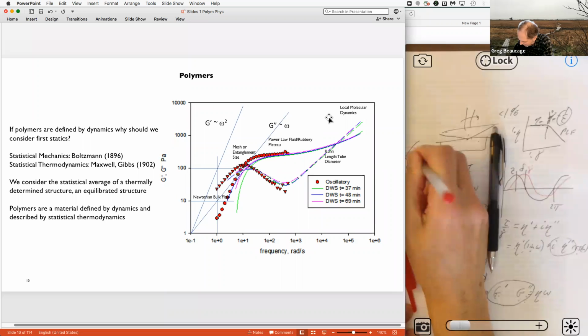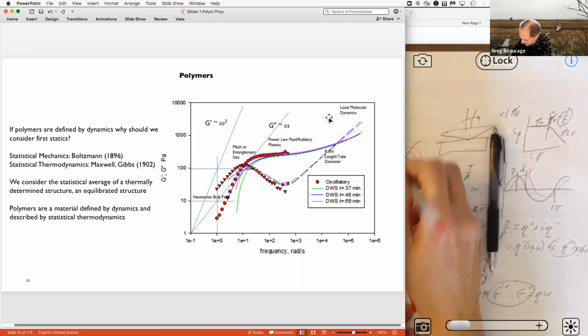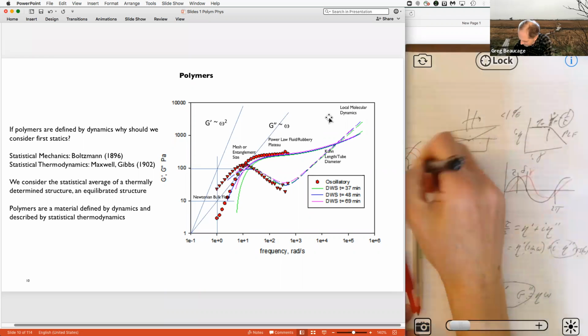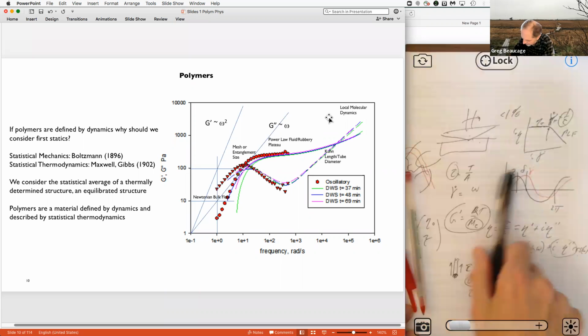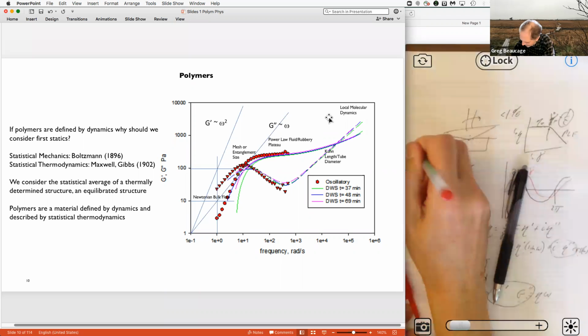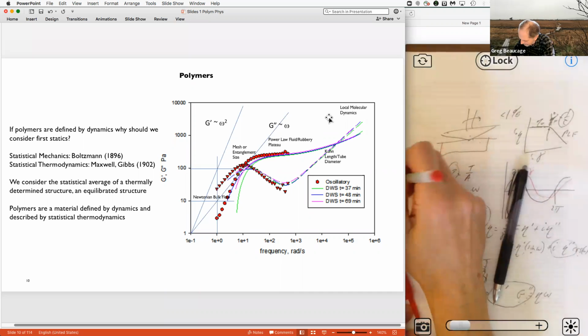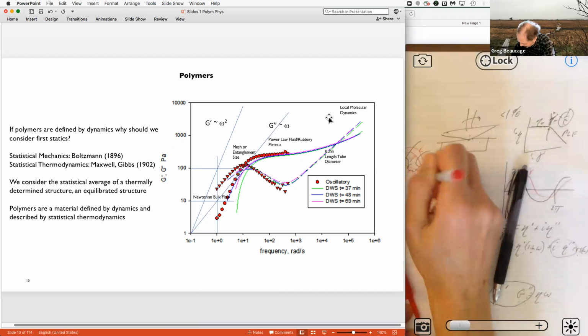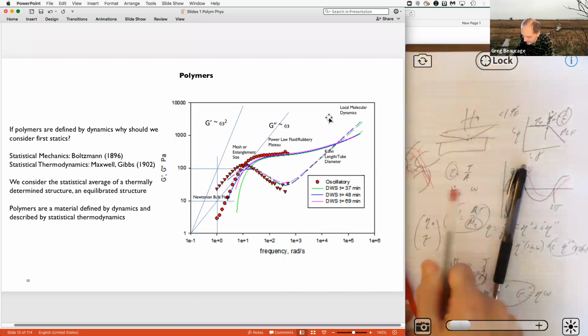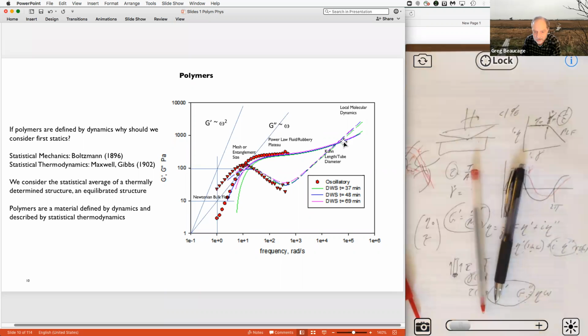So it's going to have this kind of pathway that it goes, defined by these entanglements, right? And the diameter of that is associated with this molecular weight between entanglements. So once you get below that size, the chain's flowing within that tube, right? So that's why you see this transition to flow out here.